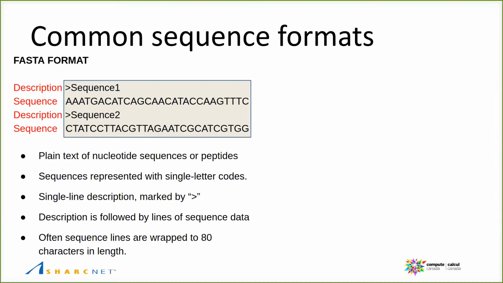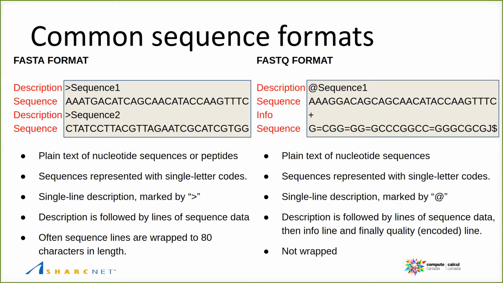Now, the other format that is very common, especially now with next generation sequencing, is the Fastq format. The Fastq format is also used to store sequence. It is preferentially for nucleotides because it's mainly used for next generation sequencing that sequences nucleotides and not proteins, although you might find some proteins encoded into a Fastq format.